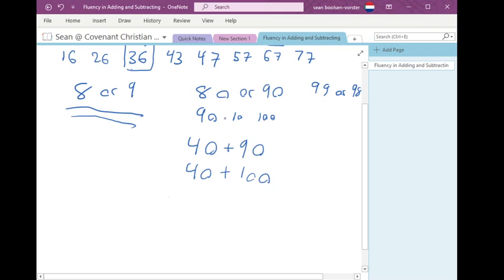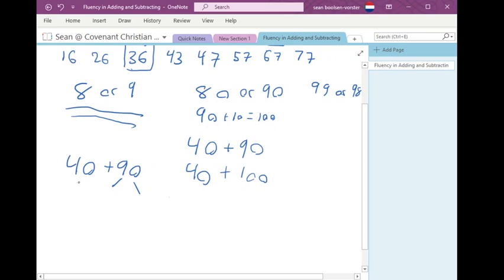So 90 plus 10 equals 100. So it's 10 less. What we can do is similar to the 8 and 9, just with the zeros added. That's all it is. It really isn't much more complicated. It's just an extra 0 thrown on the back. But right, instead of just doing 40 plus 90, there is a way similar, we can break this 90 up just like we did before.